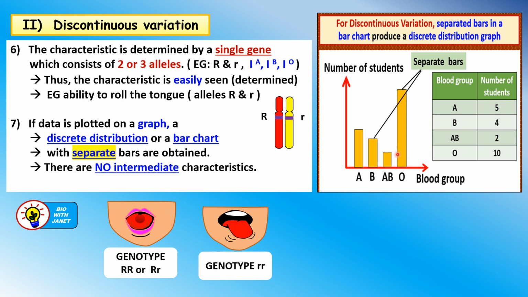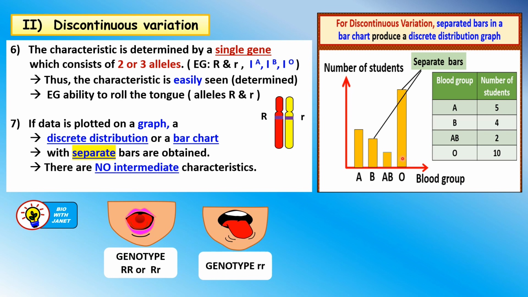Don't stick the bars together, especially for any structured question or paper 3 question. Draw separate bars. Each bar is separate, so we call this a discrete distribution graph. Discrete means separate, and there's no connection between the values of one or the other.